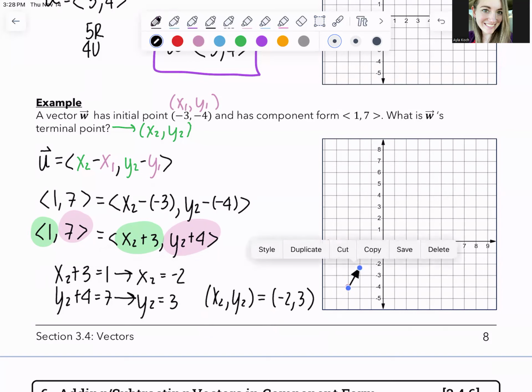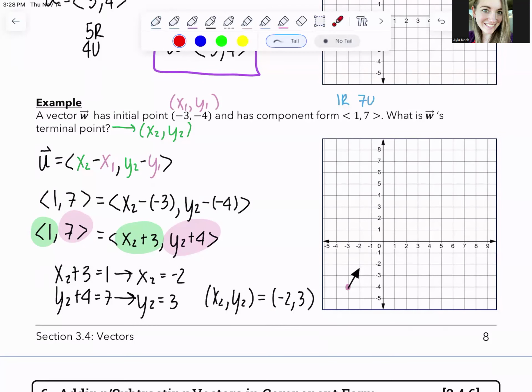So this will go 1 right, 7 up. So 1 to the right, and then 1, 2, 3, 4, 5, 6, 7 up. Is this the point -2 comma 3? Is this it? It is. This is the point -2 comma 3, which is exactly what we got down there.